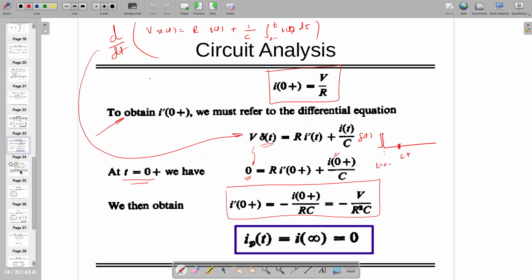So the equation will be different. V 0 plus is equal to actually 0, and at infinity you are going to see I times R. If you are writing in terms of voltage or nodal, or if you are writing in terms of current, the answers are different. Just look at that.